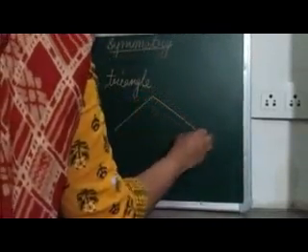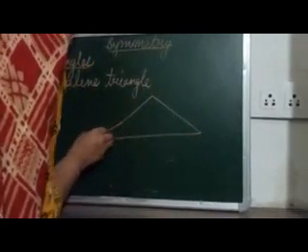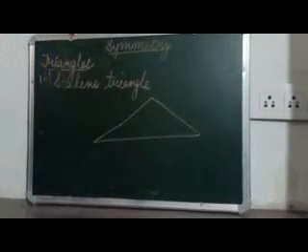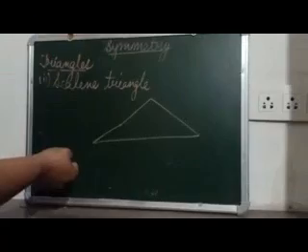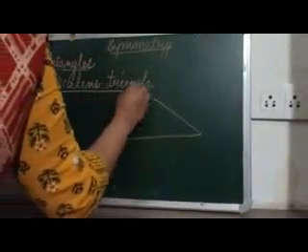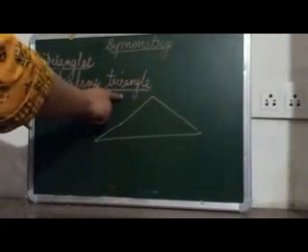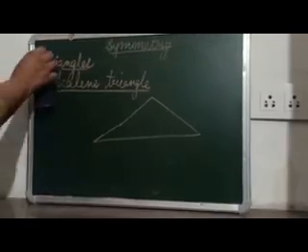Suppose we take a triangle like this. Now if I want to divide this figure into two equal parts by drawing a line of symmetry, it is impossible. So we can say that in the case of a scalene triangle there is no line of symmetry.